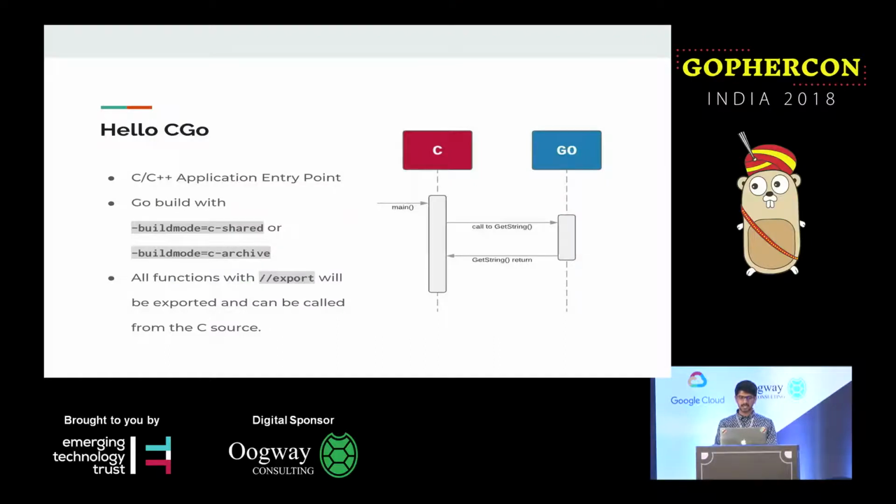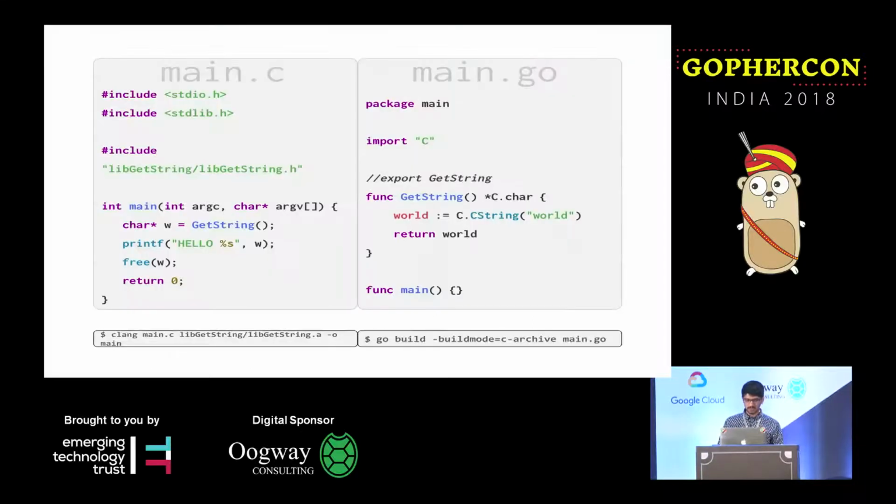Now, let's look at the other way, where C is the application entry point. I think most of you must have seen the Go C way, where you always start in Go and then call something from C. But this one's interesting, and it's been supported only recently in the recent versions of Go, because earlier you couldn't build libraries from Go code.